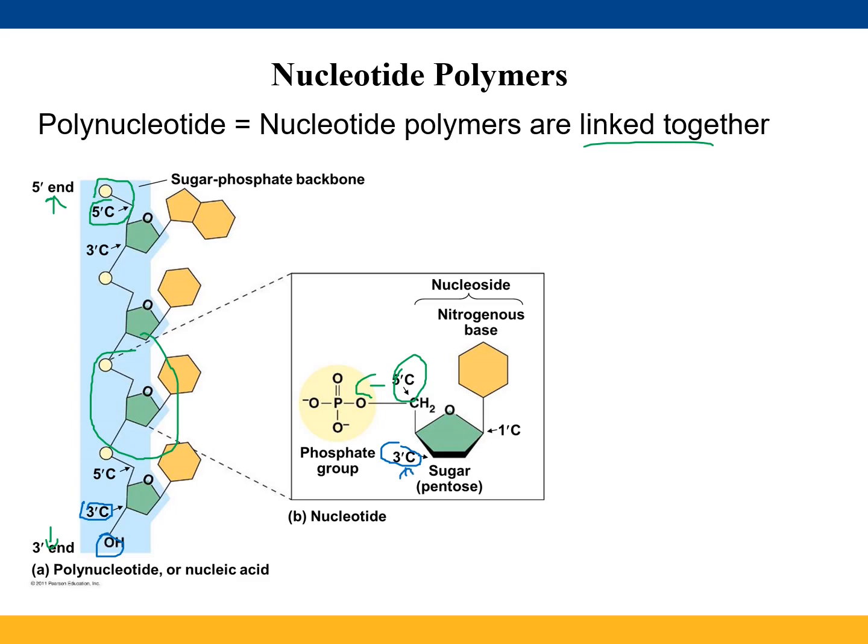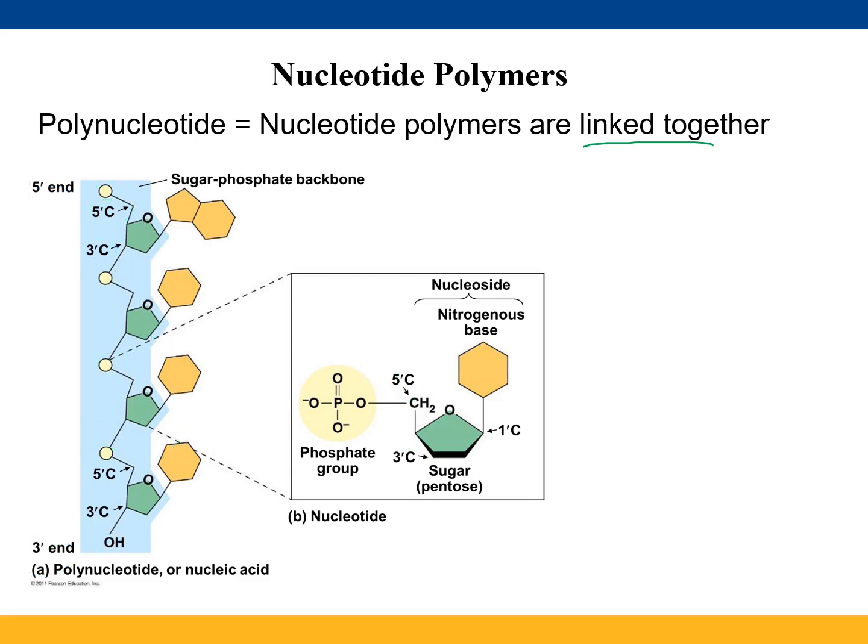And as this 3 carbon is attached to another nucleotide, the OH is replaced. You have an OH here, but instead you have another phosphate. So there are two main components, the 5' and the 3'. The 5' is going to be close to the phosphate and the 3' is going to be close to the OH.